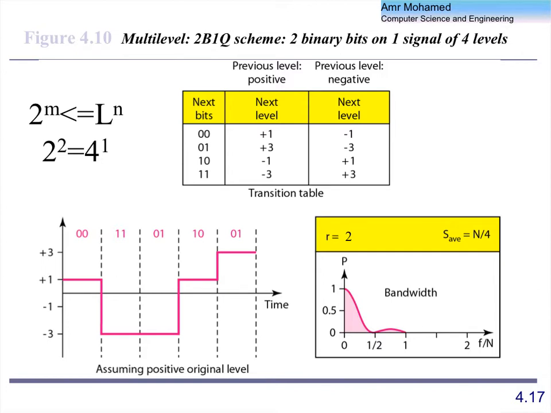So we do not have any degrees of freedom, in which case we will probably end up with a DC component, as well as we will lose the self-synchronization if we have a repeated bit combination, like all zeros, or 0 1, or 1 0. Any of these bit combinations, we would have a straight line, in which case we will lose the self-synchronization feature.